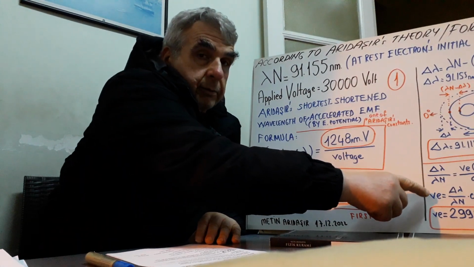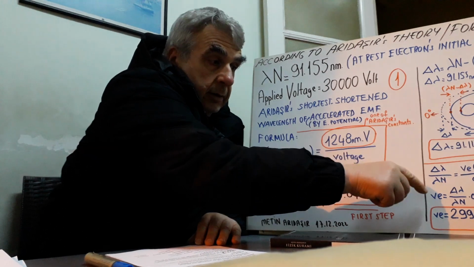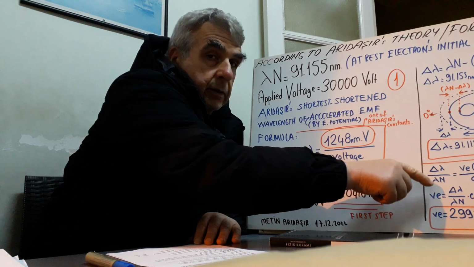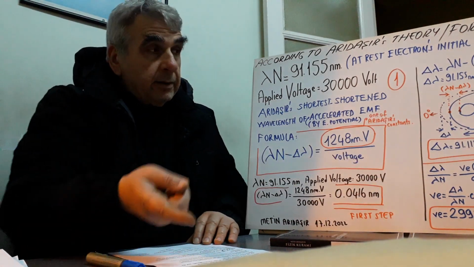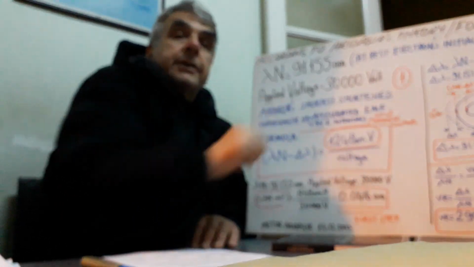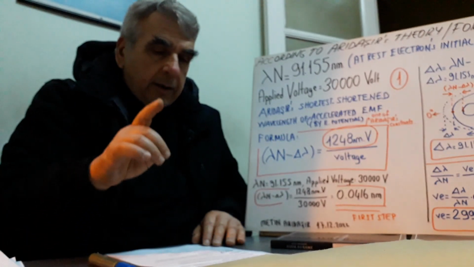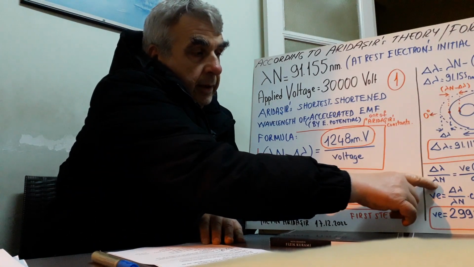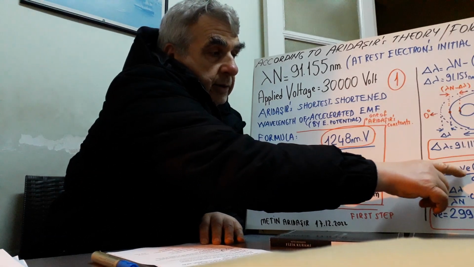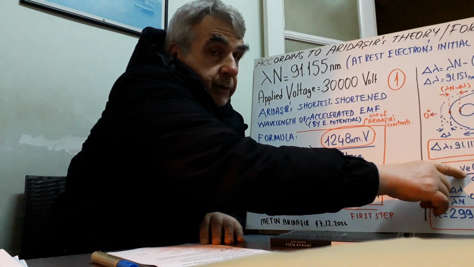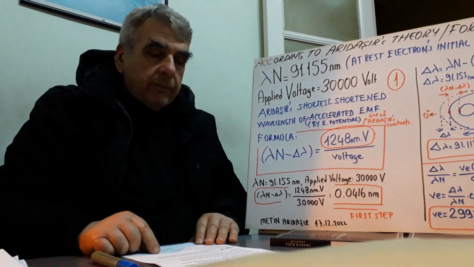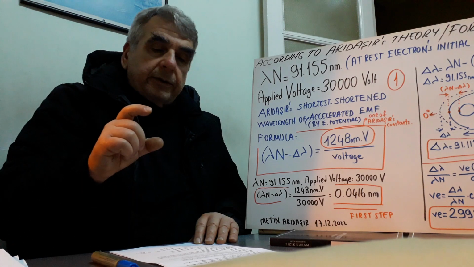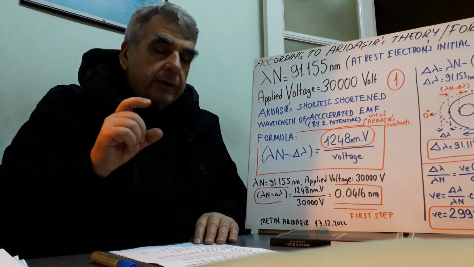We will determine the electron motion form velocity at the last step through this relation. But before that we have the second step. Yes, this relation, delta lambda divided by lambda normal equal to the electron motion form's velocity divided by c, or velocity of source divided by c, represents real shortening of wavelength. This has nothing to do with the Doppler effect.